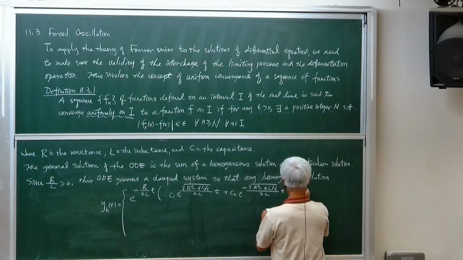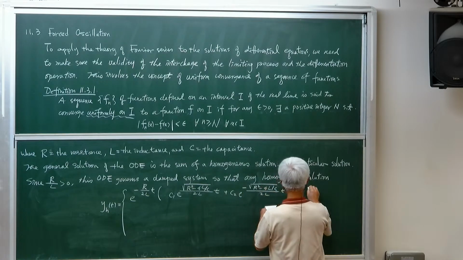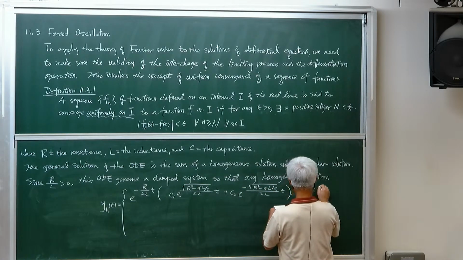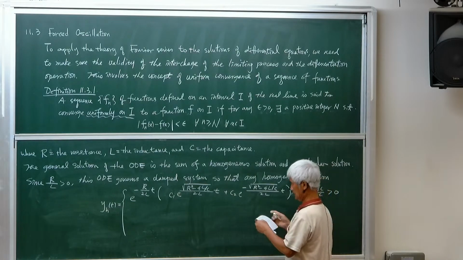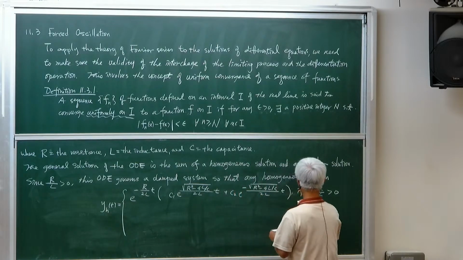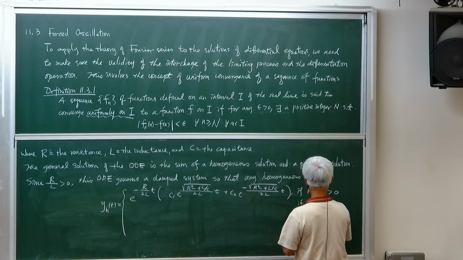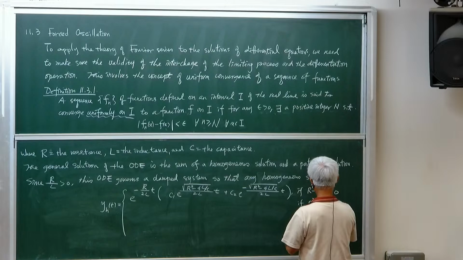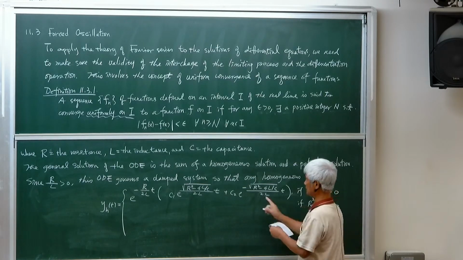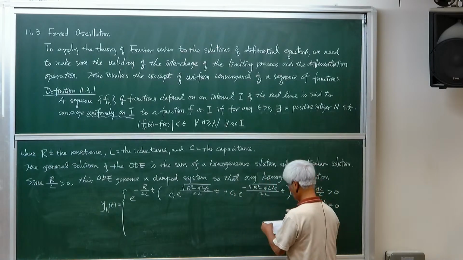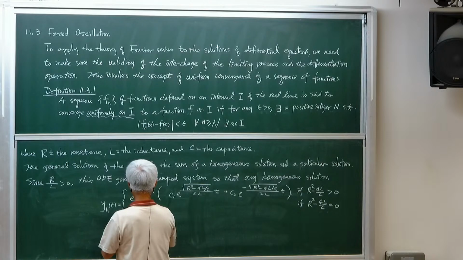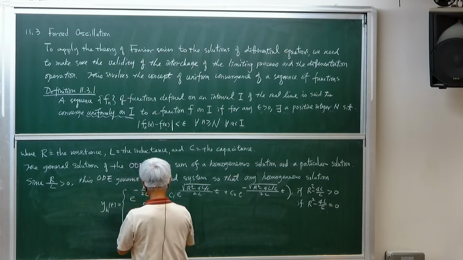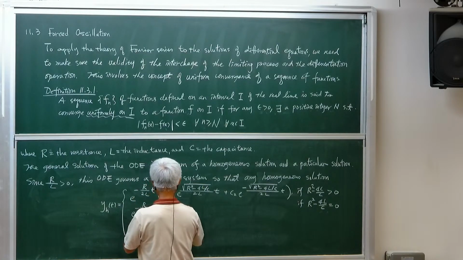This is when R squared minus 4L divided by C is positive. But if it is 0, this is a degenerate case, so we have C1 plus C2 t.